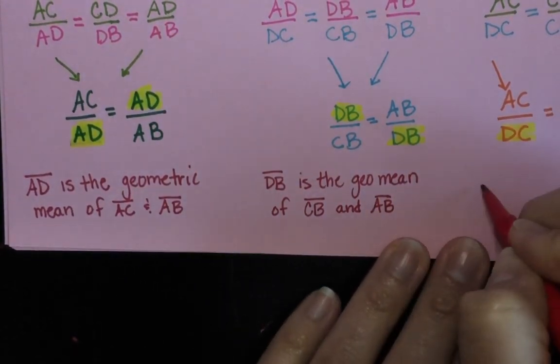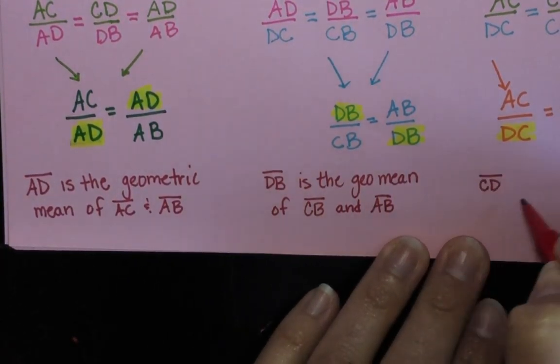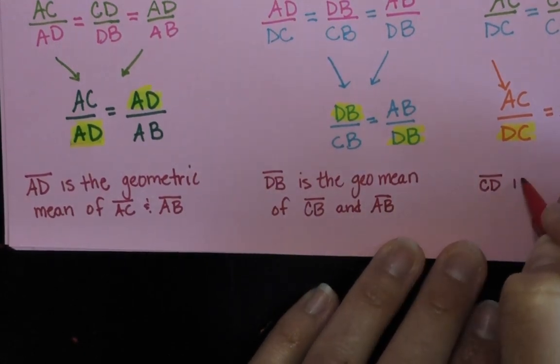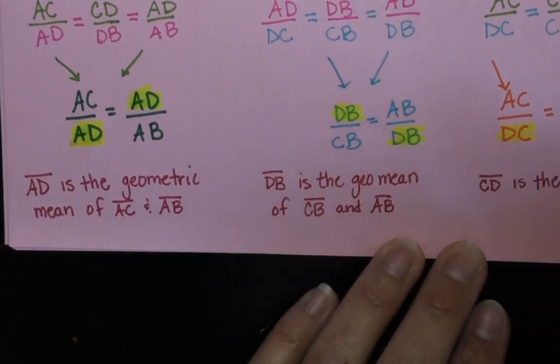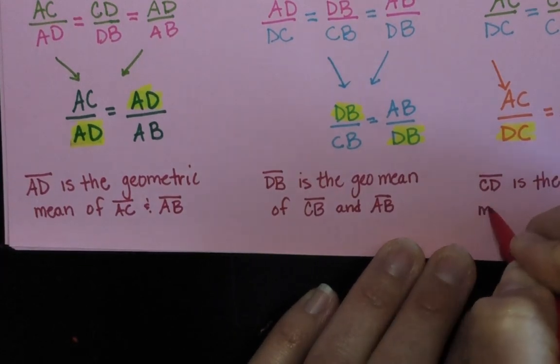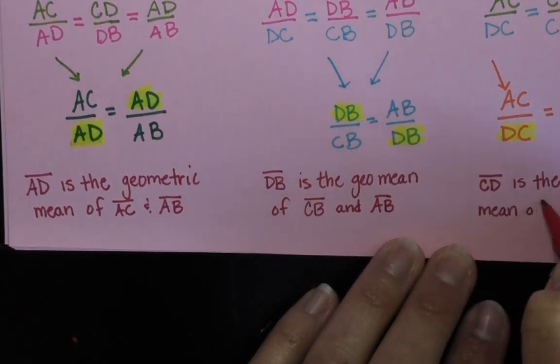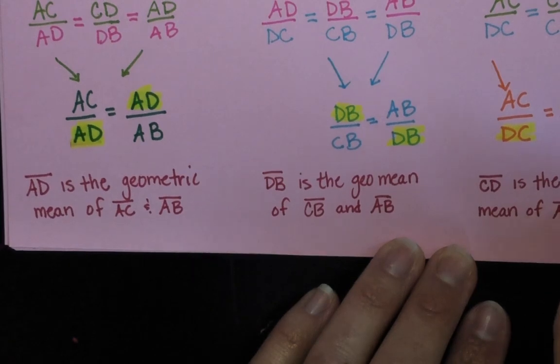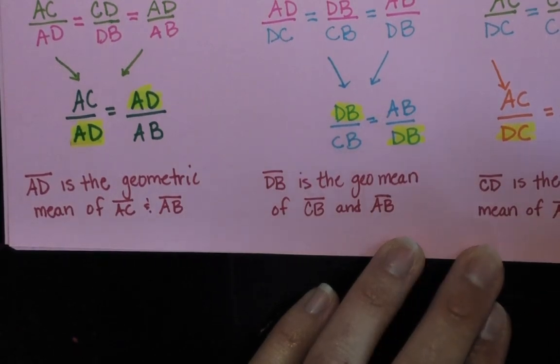And over here, CD or DC is the geometric mean of AC and CB.